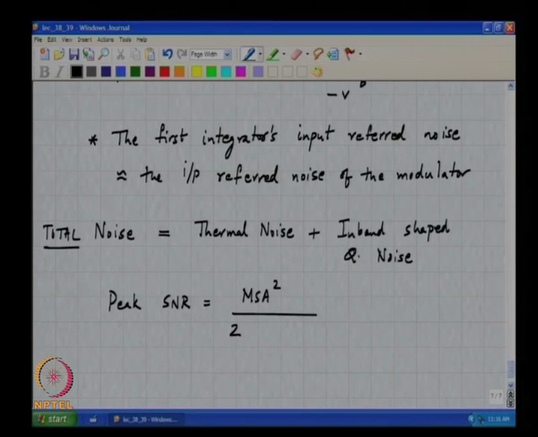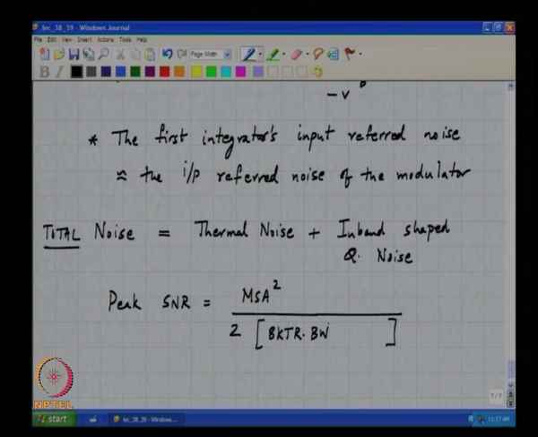It is a sinusoid, and the mean square value of the sinusoid is amplitude square by 2, and this is divided by the noise power, which is thermal noise, which in the example we have taken is 8 kT times R, that is the spectral density. To get the power, you have to multiply it by the bandwidth, plus in band quantization noise.